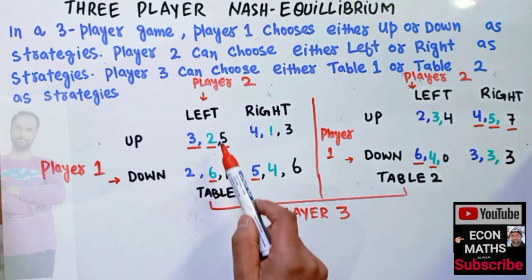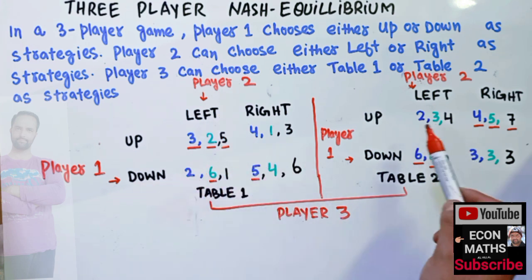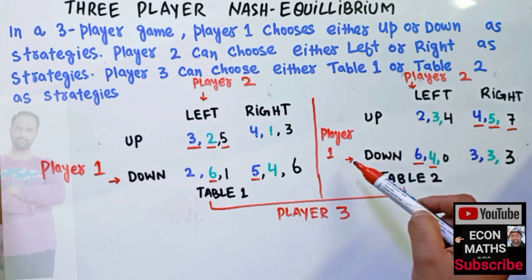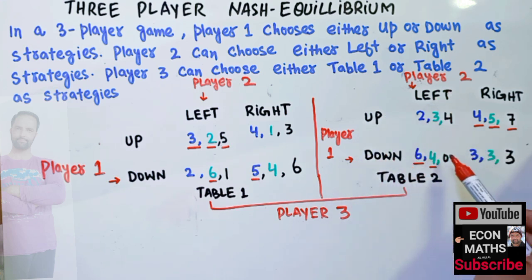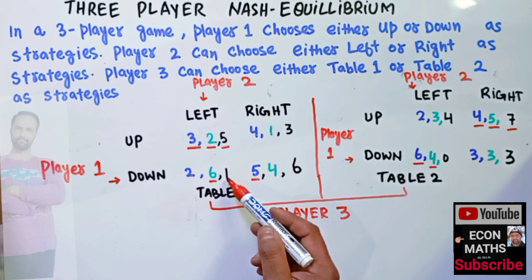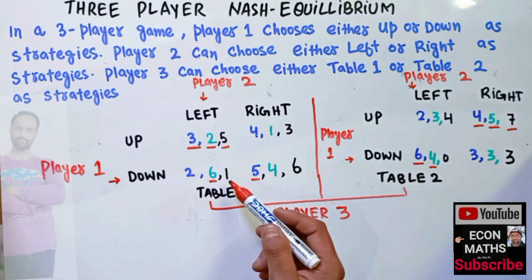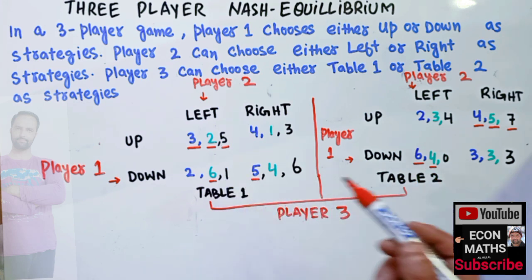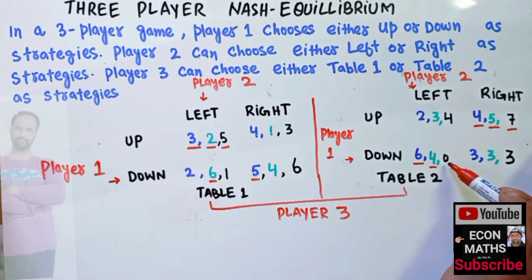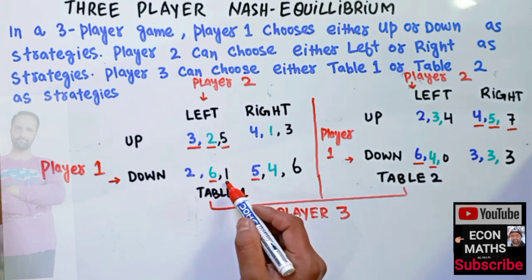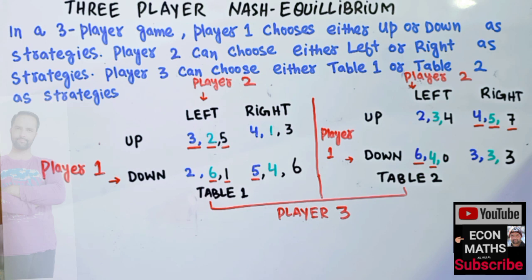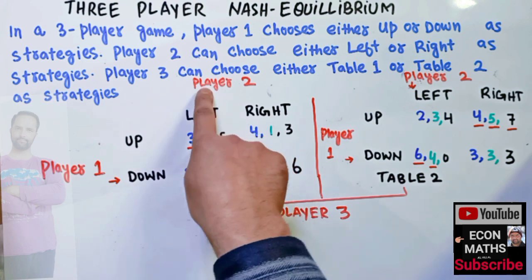Here you can see down and left, so this cell. So we will be comparing this one with 0. Going for table 1 gives him 1 as payoff, going for table 2 gives him 0 as payoff. Obviously 1 is greater than 0, he will choose table 1.